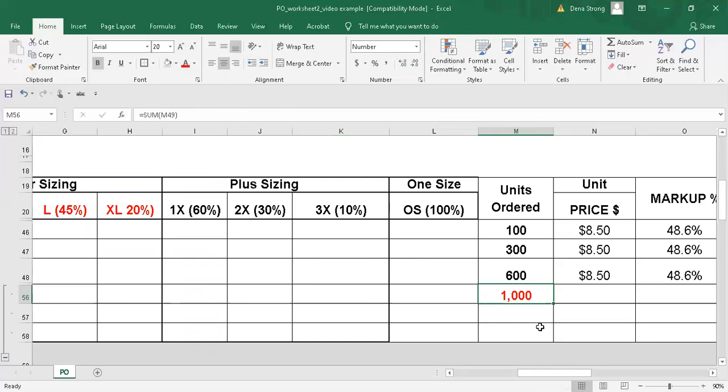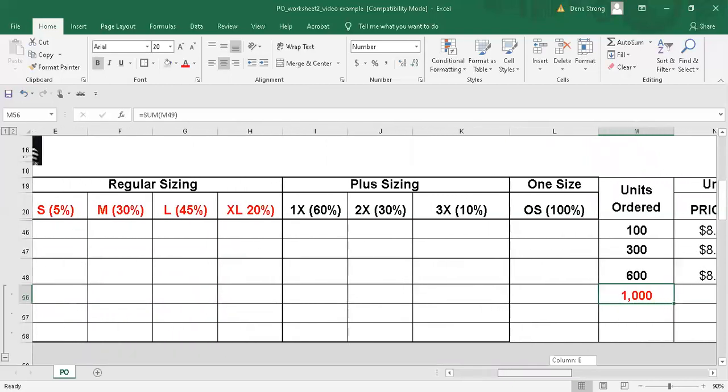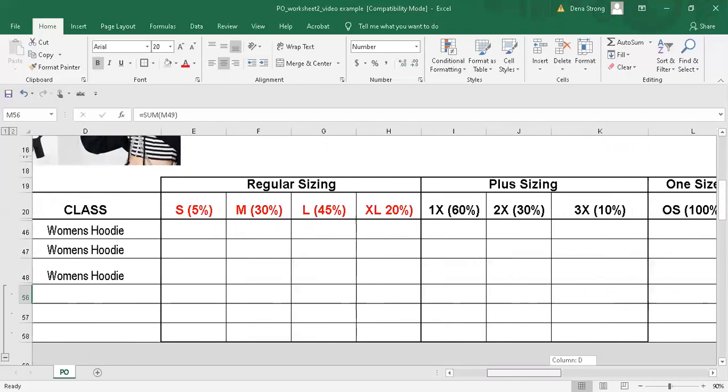So the vendor said that they have 100 of the black white print, so we're gonna list that. The vendor has 300 of the red and 600 of the basic black. So you know what? Let's buy them all. All right, we feel this is a good seller for our store. Our customers like unique trends, so we're gonna buy all of the inventory. We feel as a buyer really strongly that this will sell well.